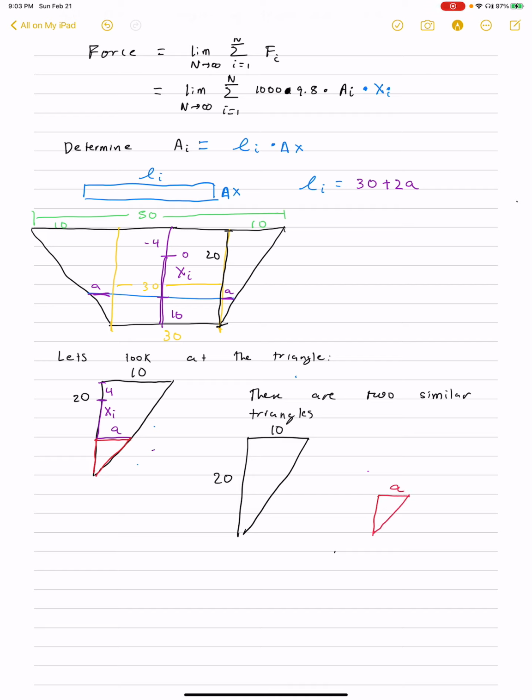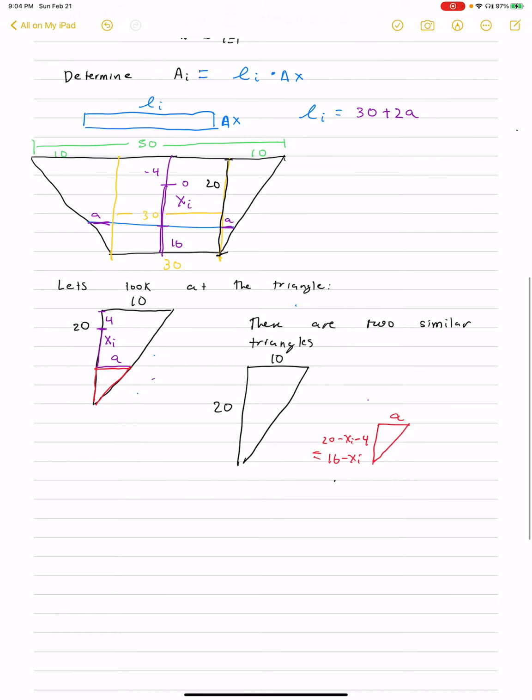It has a width of A, other than this long length. Well, the total length is 20, but I need to subtract x sub i and I need to subtract 4. So this is going to be 20 minus x sub i minus 4. That's that length. And that's going to be 16 minus x sub i.